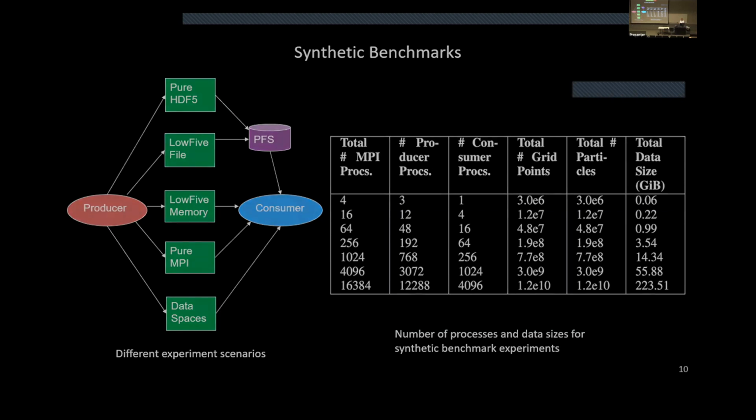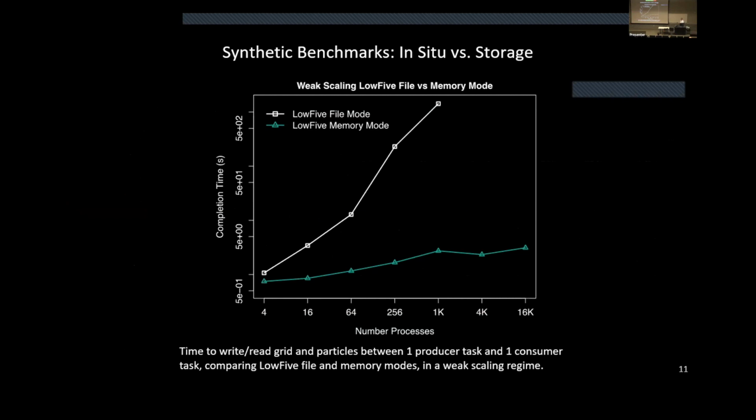And the first test is LowFive memory mode in green versus LowFive file mode in white. Time is on the vertical, lower is better. And this is a weak scaling test. The data size grows with the number of ranks, which means that ideally it would be flat, right?